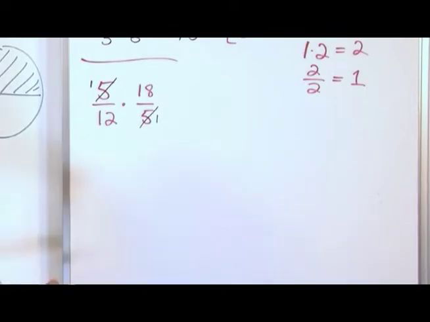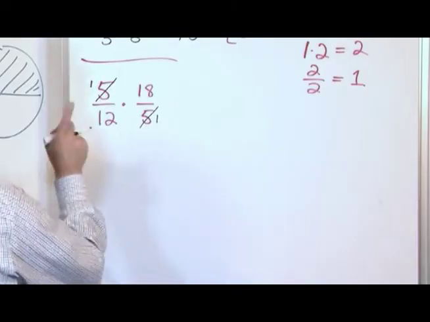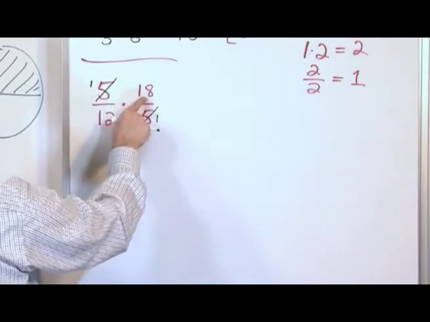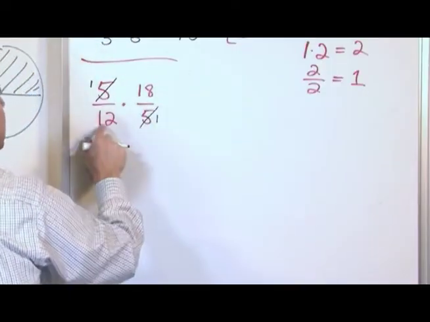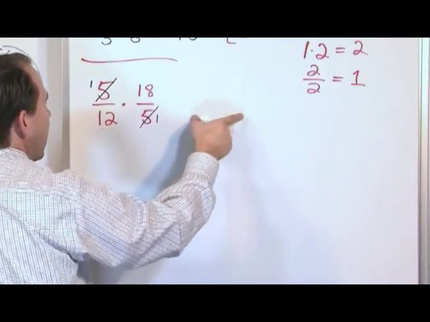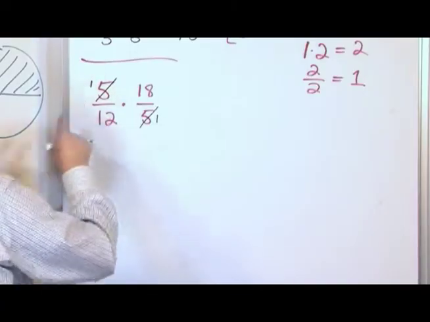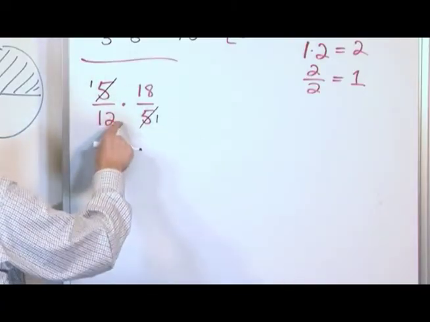Now let me also show you something else that we can do in this fraction to simplify it. At this point, because the 5s are gone, we could take this 1 times the 18 and get a new numerator, 12 times the 1 and get a new denominator, and then we could simplify that. That's also possible. But we can actually simplify more ahead of time here because this is all multiplied together. Notice that we have 18 and 12.